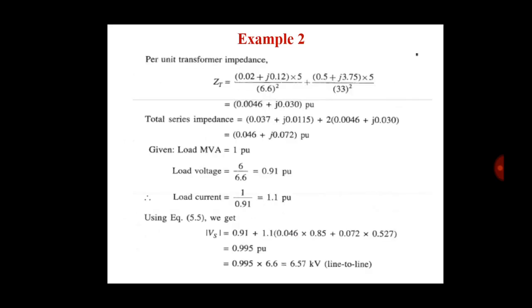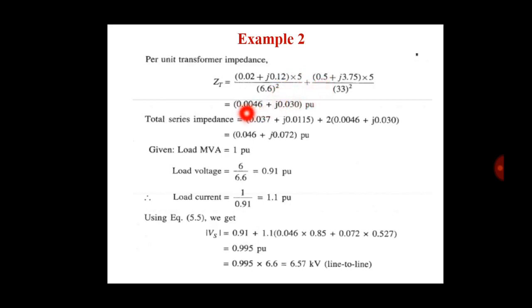Now the per unit transformer impedance ZT, for the HV side and LV side, is given here. Adding both impedances gives ZT. For the low voltage side, 0.02 plus J 0.12 is given, on a 5 MVA base and 6.6 kV base, the same as the high voltage side.